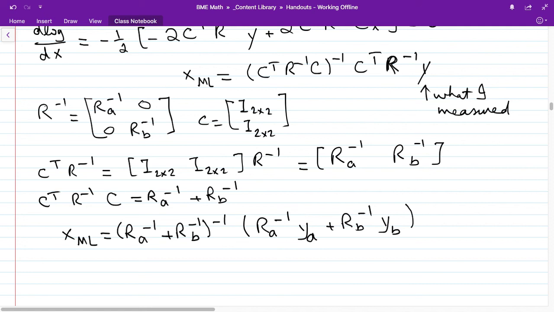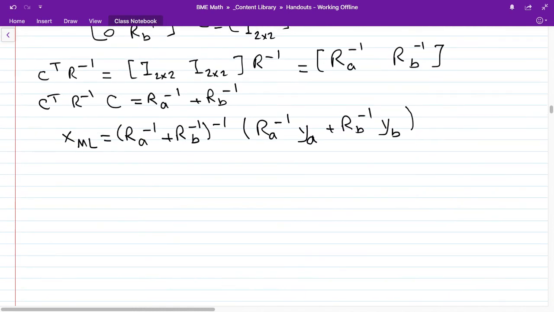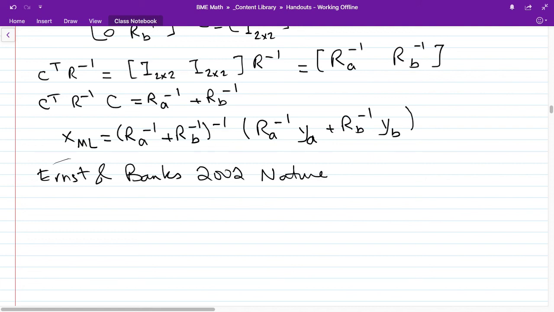Okay, so this now gives us the experiment that I want to tell you about. The experiment was published in 2002 by Ernst and Banks, in a Nature paper. Here's the idea.